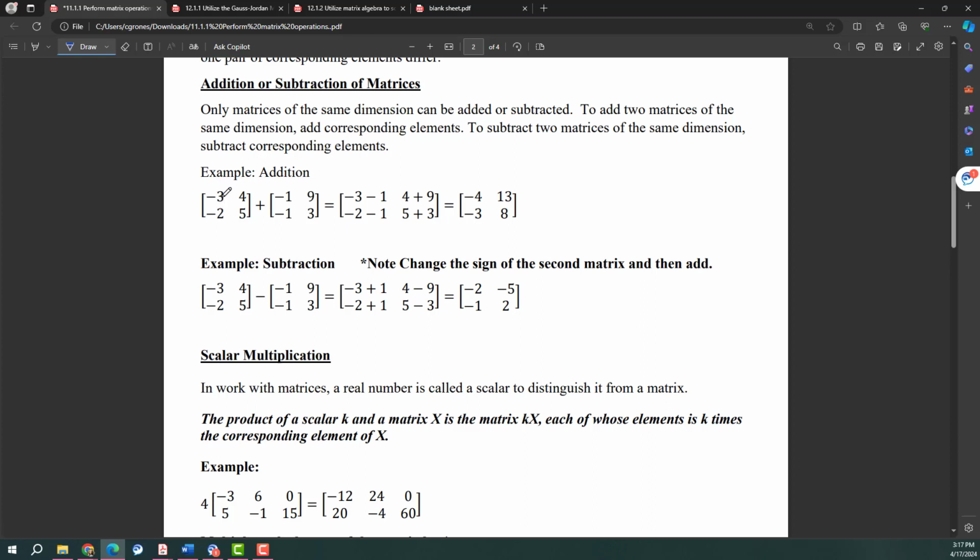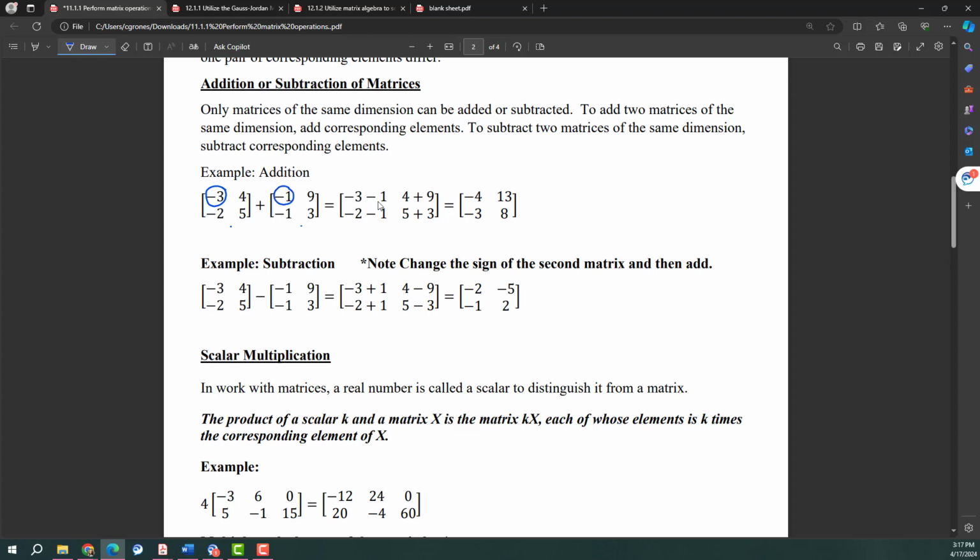So an example, we have one matrix right here and then another right here, and we are adding them. So basically the number that is in the same position, those are the ones that are going to be added together. So in this position, we've got -3 and -1.